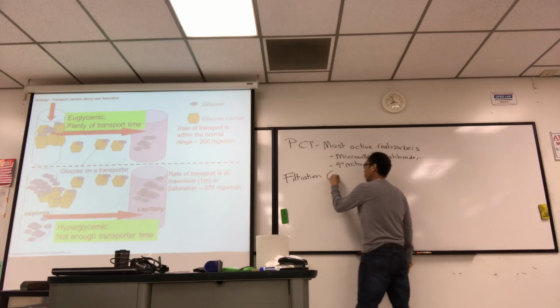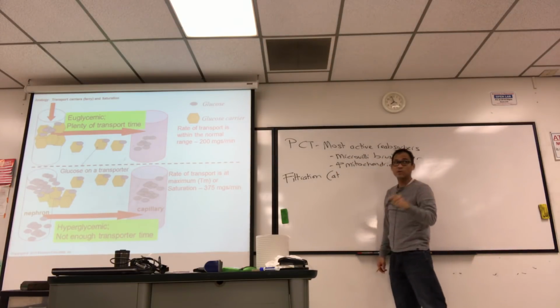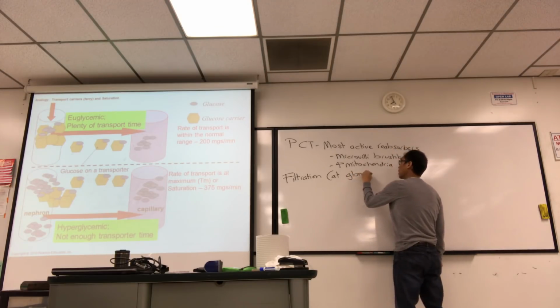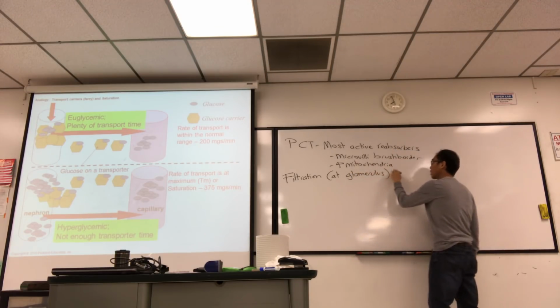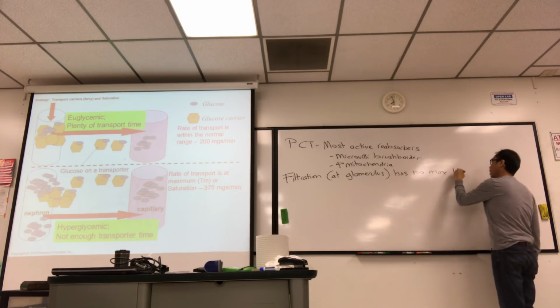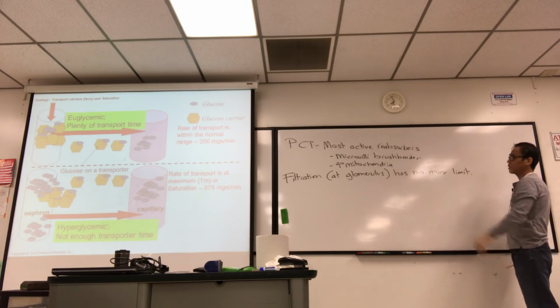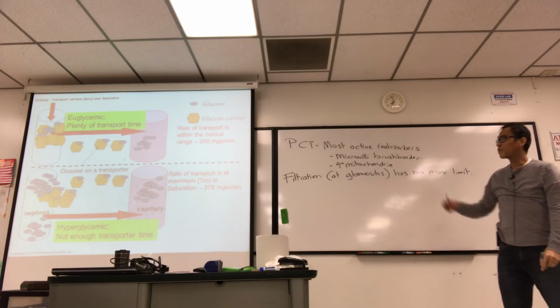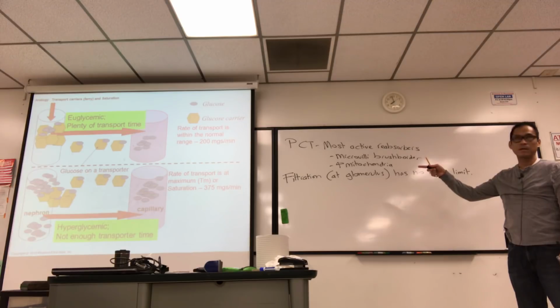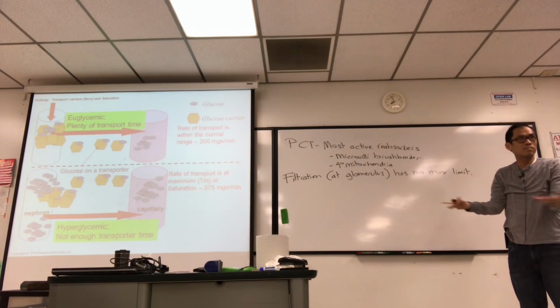Filtration, I'll put in parentheses, is at the glomerulus. That was a quiz question here this morning for you guys. It has no max limit. What we see here for the process of reabsorption is that there's a limit. You could saturate it, and then some could end up in the urine.